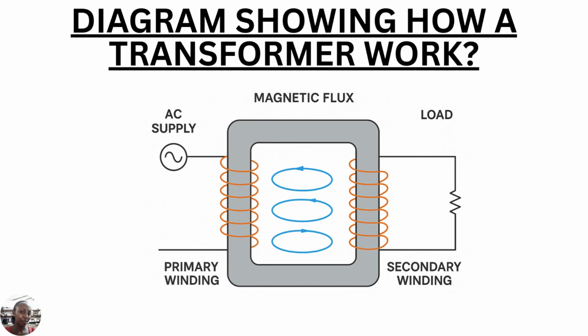So, the energy is transferred from the primary to the secondary winding through the magnetic field without any direct electrical connection.